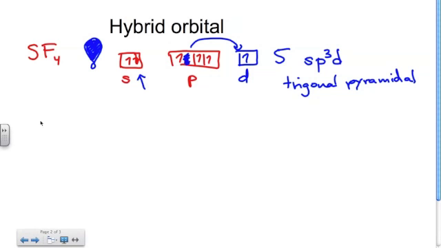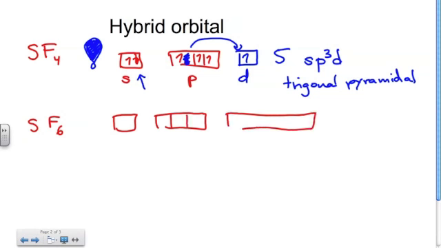If we were to look at SF6, well, this time, those 6 valence electrons are all completely separate. I actually should draw the whole energy level for the subshell for d here. 1, 2, 3, 4, 5. So in SF6, all 6 of the valence electrons of sulfur are separate.